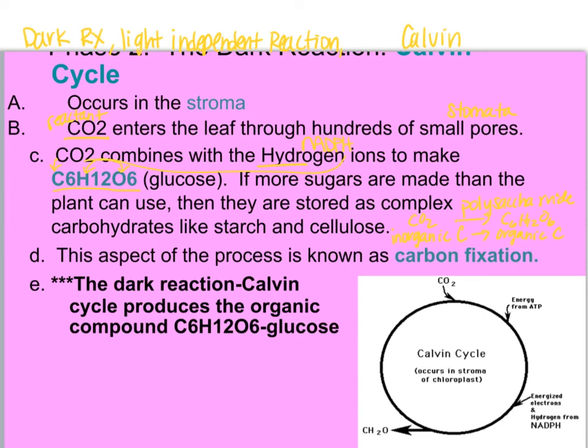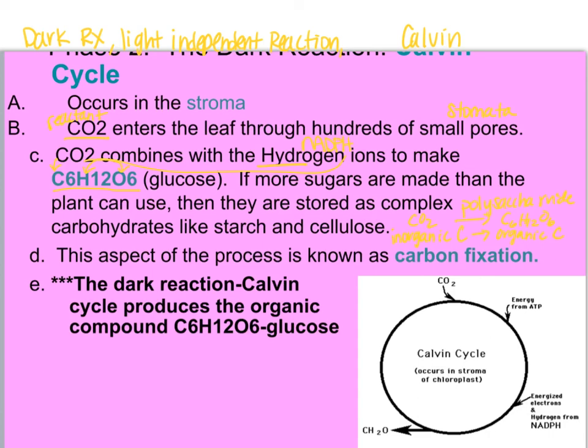So anyway, the Calvin cycle is a little simpler than the light reaction. Another thing I wanted to tell you about the Calvin cycle is that Calvin deals with carbon. Okay, so if you see carbon, it goes with Calvin. That's pertaining to photosynthesis, not cellular respiration, because the Calvin cycle is not part of cellular respiration. It is only part of photosynthesis.